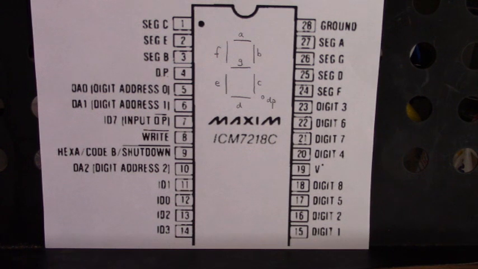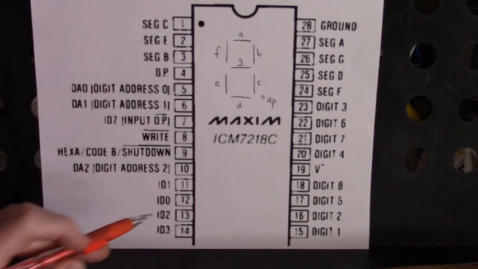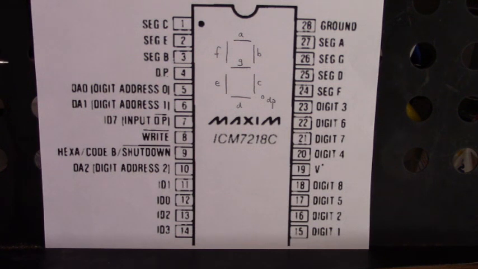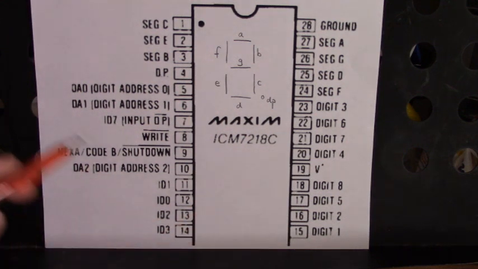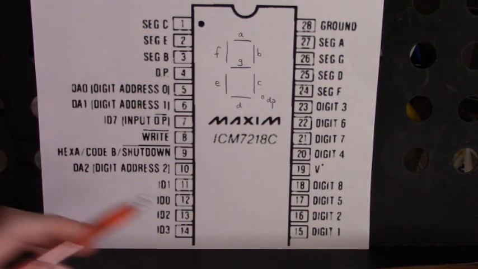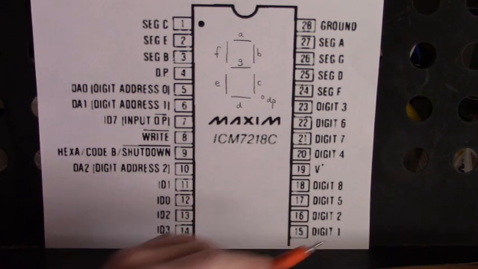When we have the character set up on the input data, we select which digit is turned on, and that would be 0, 0, 0. And if we have 0, 0, 0 on the digit address, this pin right here, 15, goes high.